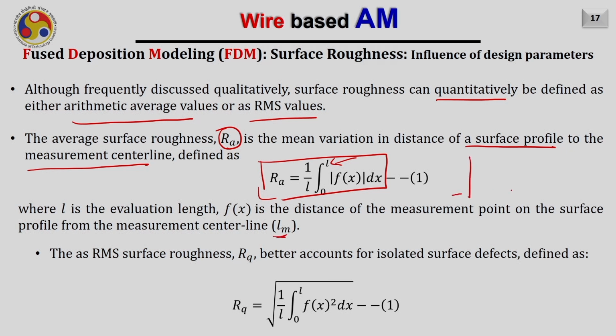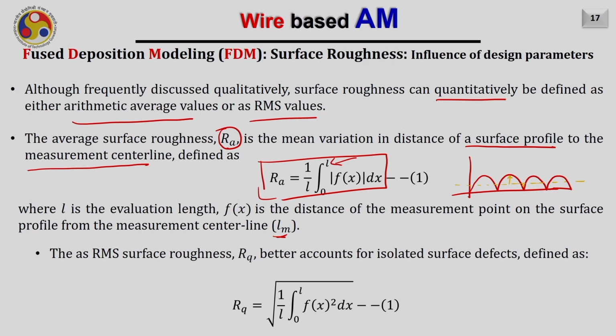So, for example, if you have a part deposited like this, and I have a center line, maybe somewhere here, and I will tell you how to obtain this center line. Then the deviation of this function which I am depositing from the center line, like here it is this, and at the bottom also it is this.